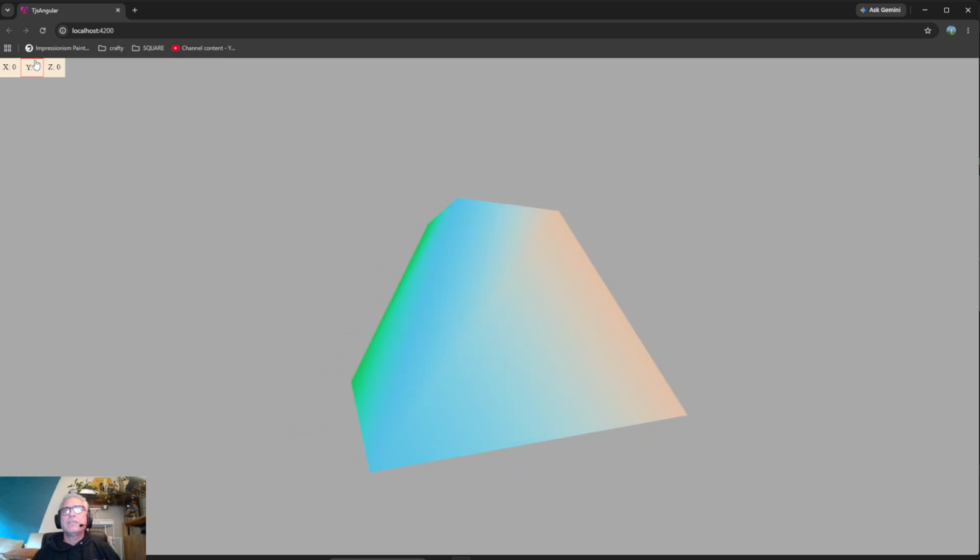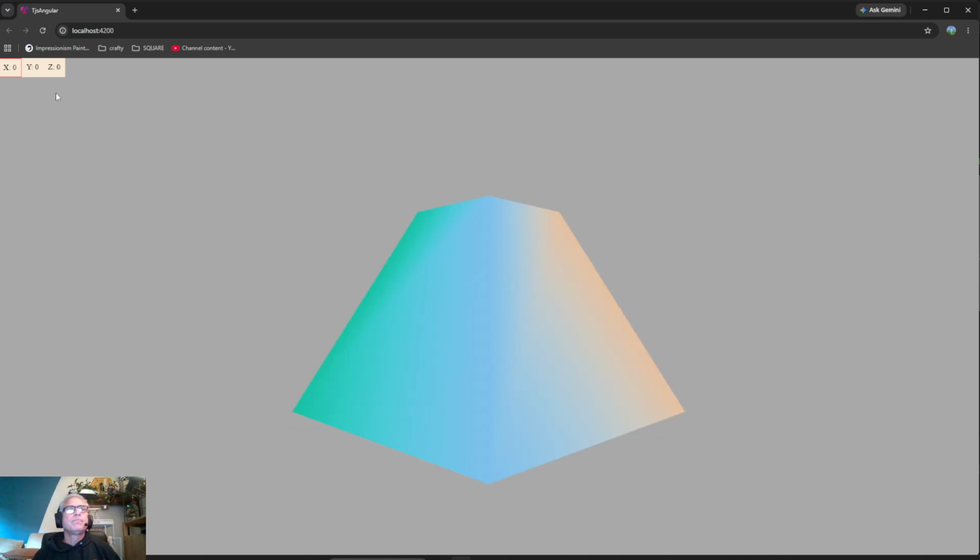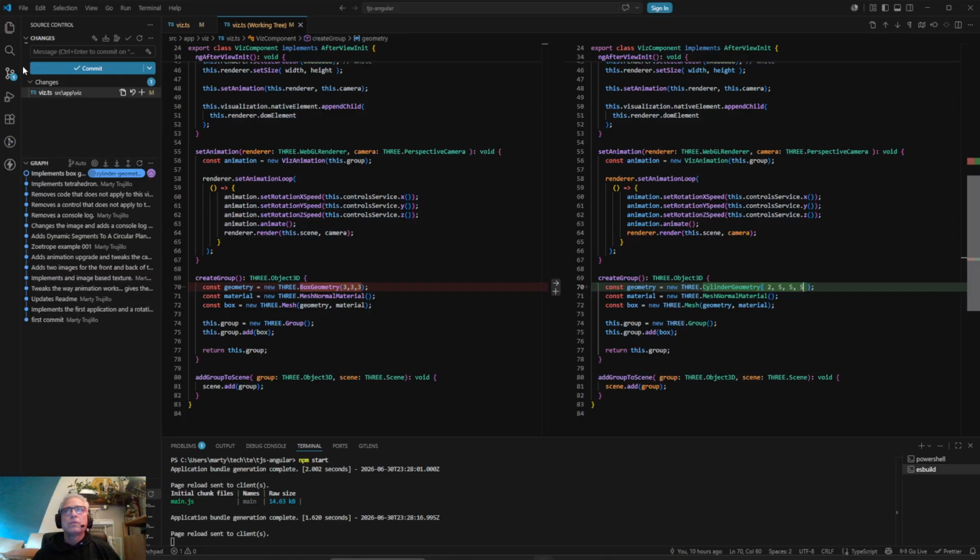So it's like a legit pyramid with a flat top, which is pretty cool. So that's a cylinder, which is kind of hilarious. Let's try 5 segments. I think that is really neat. I would imagine 3 is the smallest you can do, though.